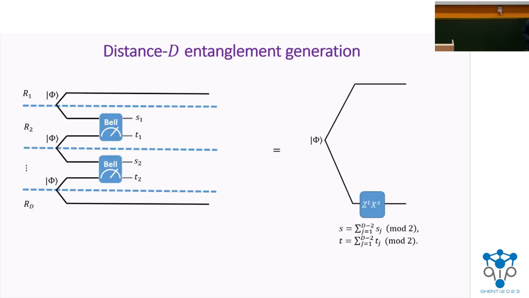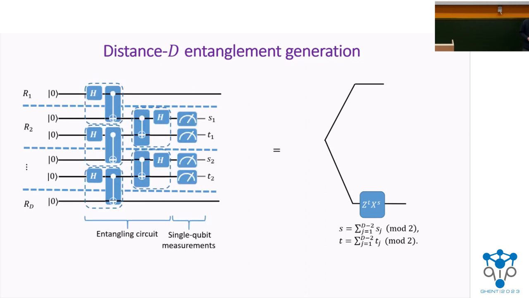And we can represent this whole protocol using circuit identity, and more explicitly, we can write it in this form. So we have a cat0 product state for the input, and we have a so-called entangling circuit, and single qubit measurement follows. Here we see two properties of this circuit.